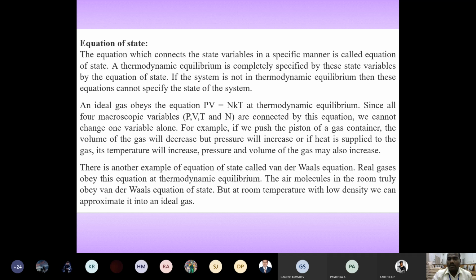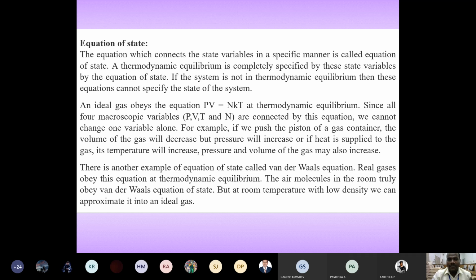The pressure and volume of the gas may also increase. So each and every state variable is connected with this equation, which is called the equation of state.